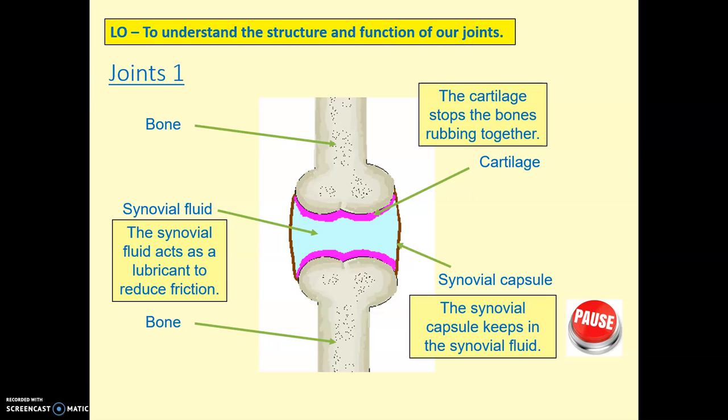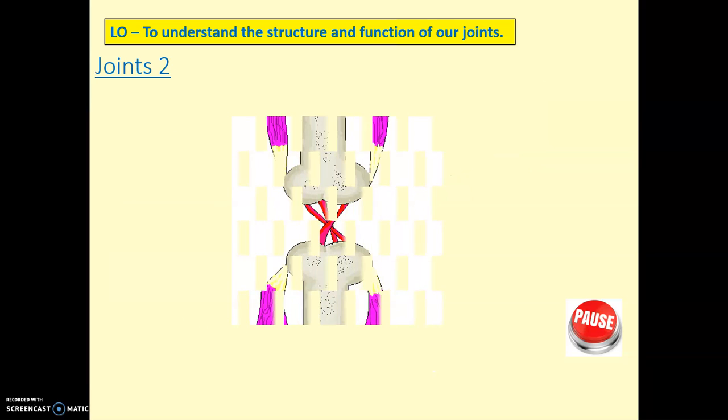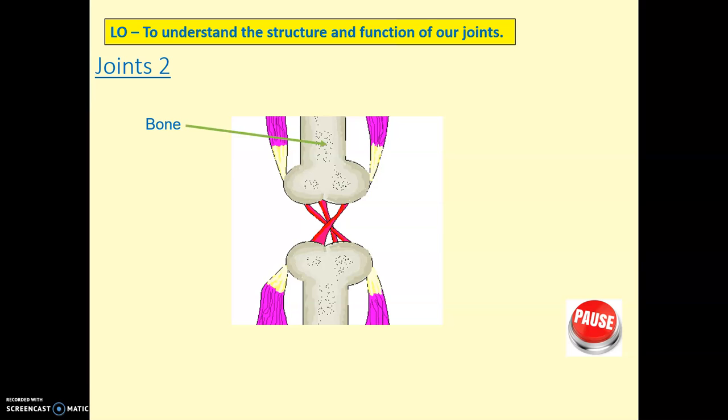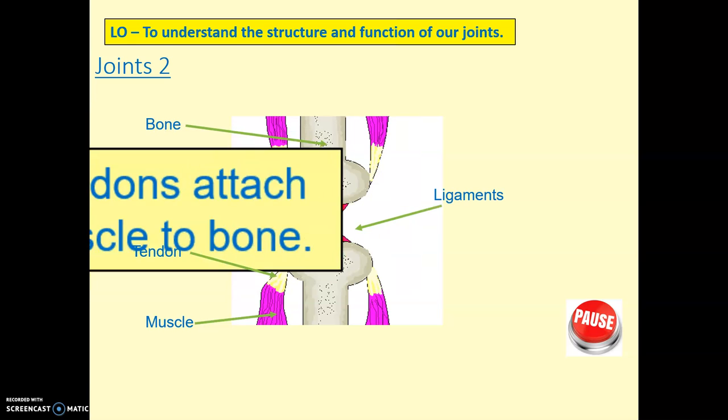Okay, you should have got those 3 definitions down there. Another part of the joints as well, furthermore of the structure. So obviously it's a joint again, the second type of joint, you've got 2 bones, but also this time, to allow for movement, they need muscle. Muscle is how we move, and there's a muscle shown there, tendons and ligaments.